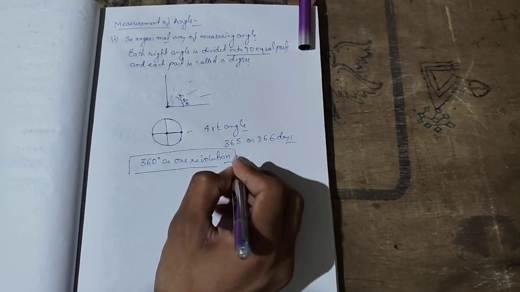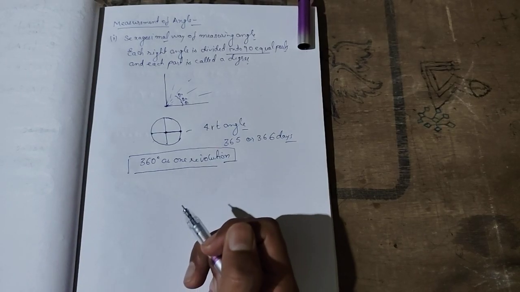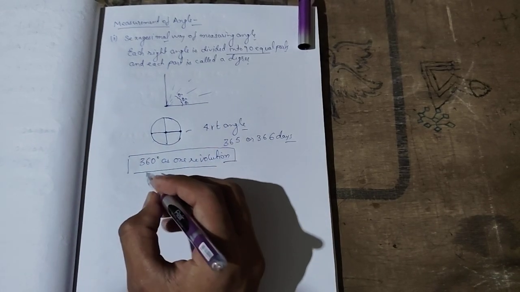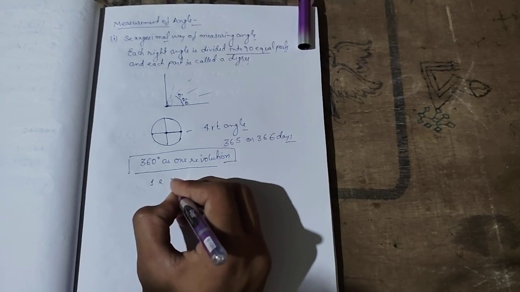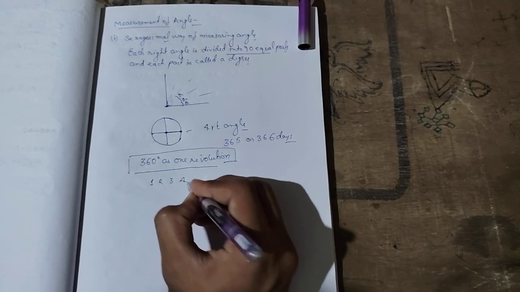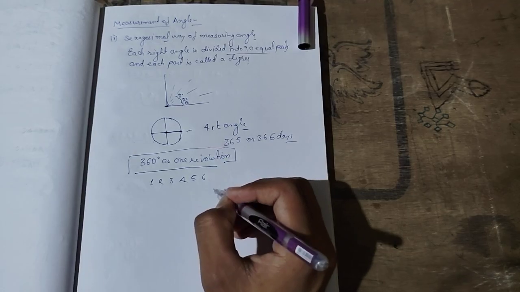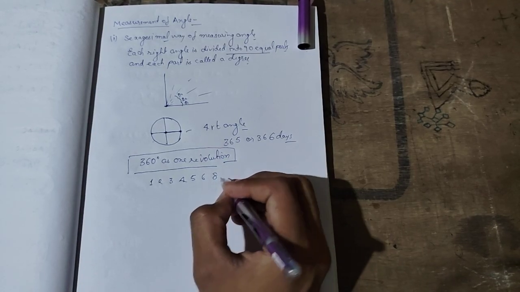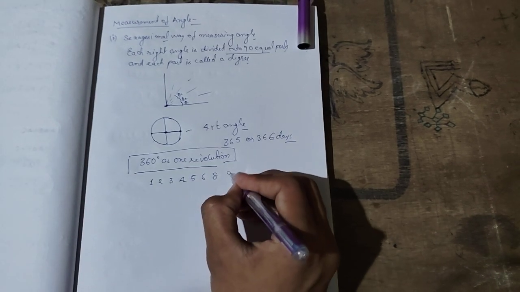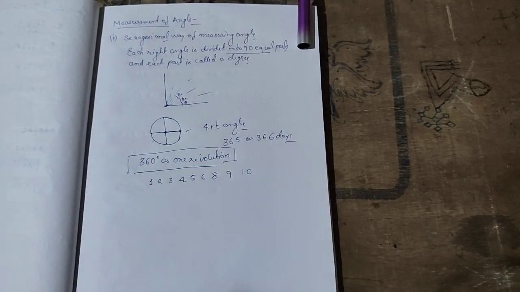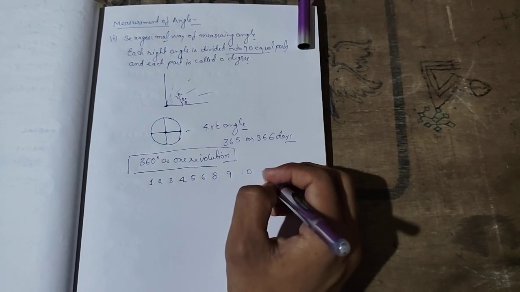And why we take that is because 360 has an important property: it is divisible by 1, 2, 3, 4, 5, 6, not 7, 8, 9, 10, not 11.